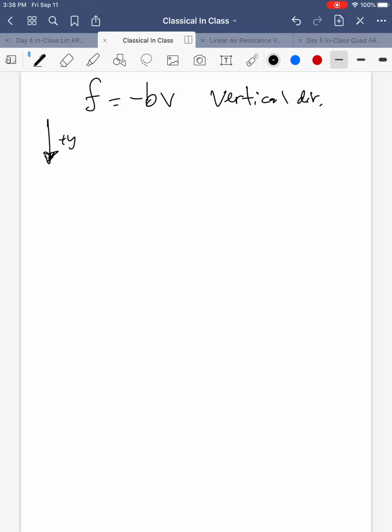All right. And so to remind you, we used this substitution that we're letting u equal v minus v terminal. And remember that that means that du/dt equals dv/dt.